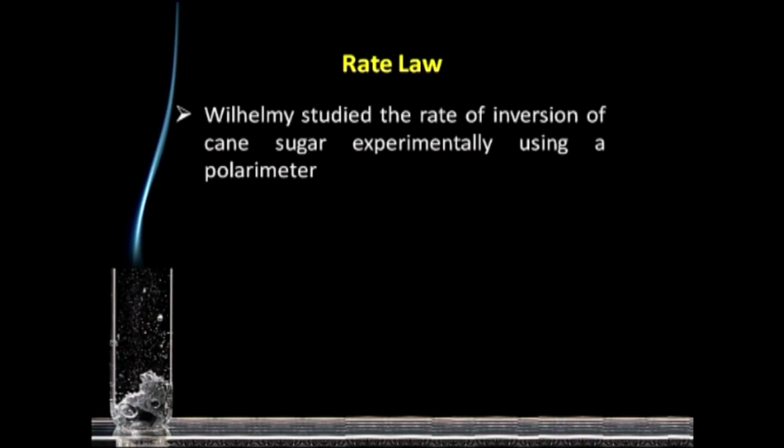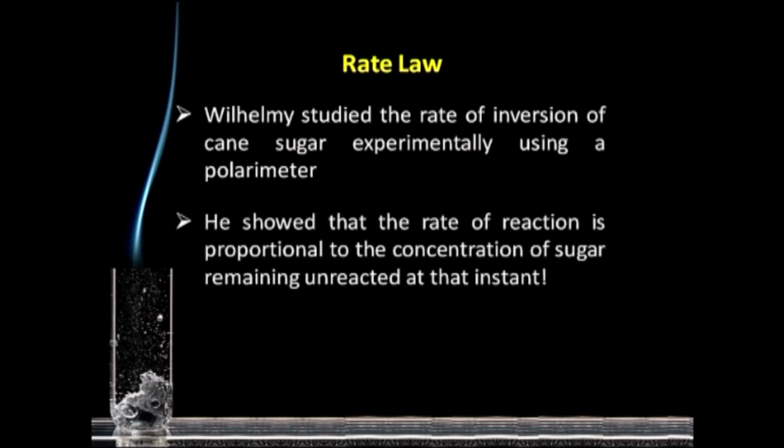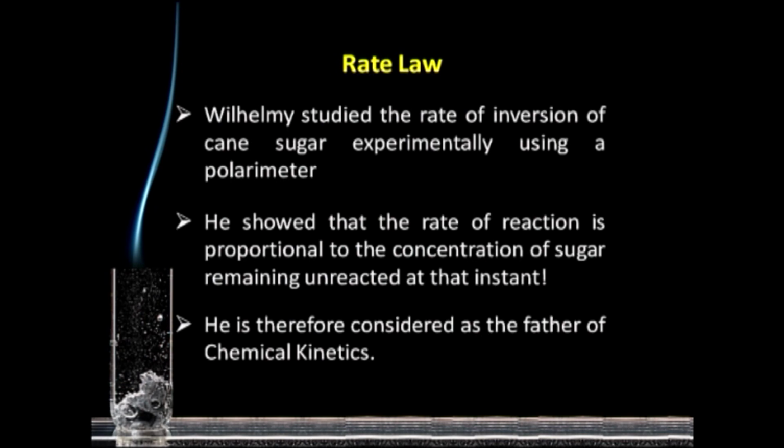He studied the inversion of cane sugar using a polarimeter. The concentration of sugar, that means the reaction mass, was monitored with the help of a polarimeter by measuring the angle of rotation. He observed that the rate of reaction is proportional to the concentration of sugar remaining unreacted at that instant. Because of this observation, he laid the foundation for the subject of chemical kinetics, and we can easily call him the father of chemical kinetics.